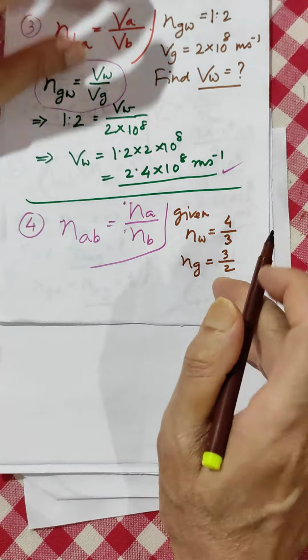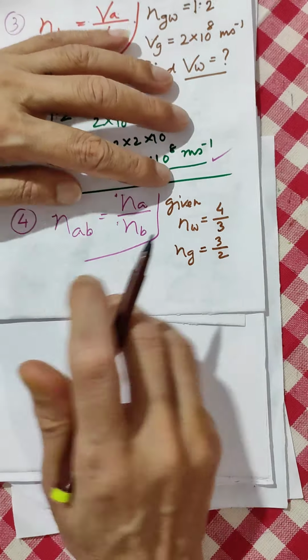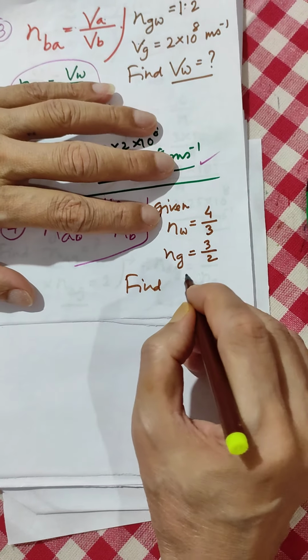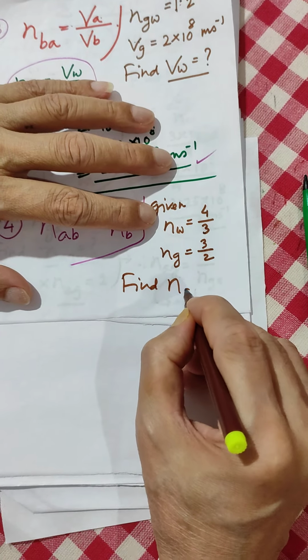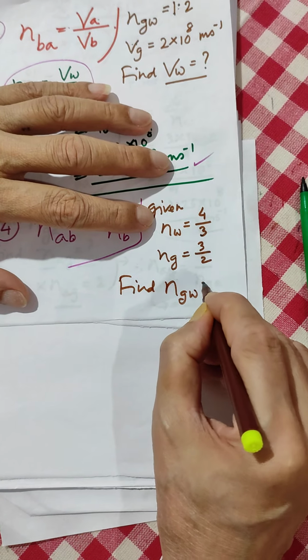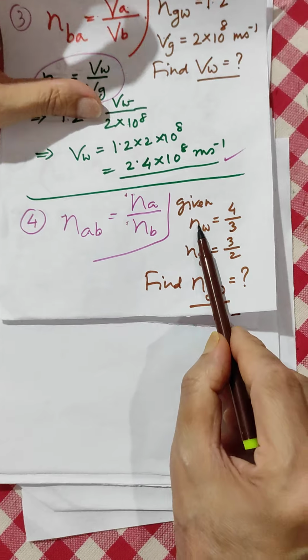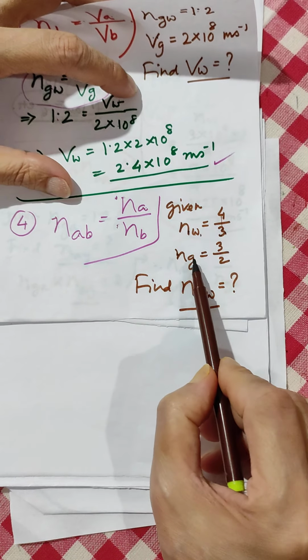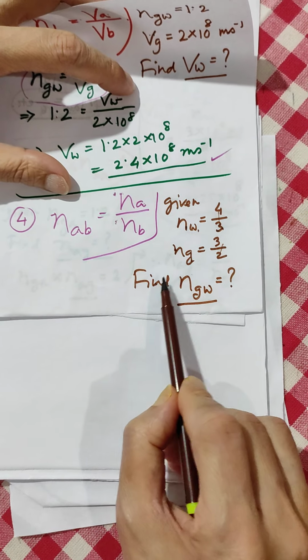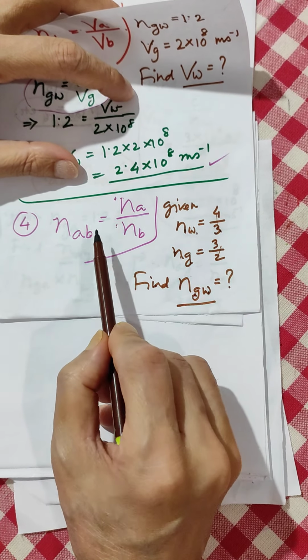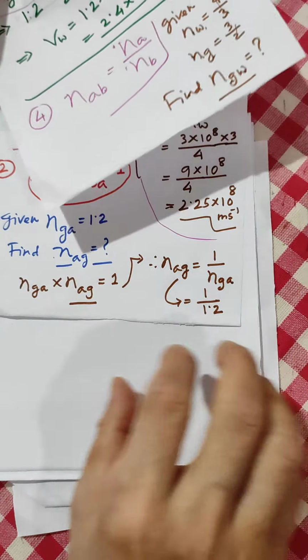So you see, the refractive index of water is given, the refractive index of glass is given, and you are asked to find the refractive index of glass with respect to water. So this is equal to what? Is it clear? You have to find the refractive index of glass with respect to water. You follow? So using this formula we can do it.